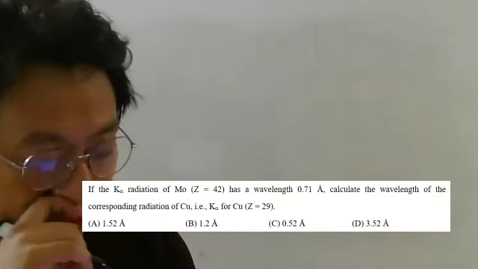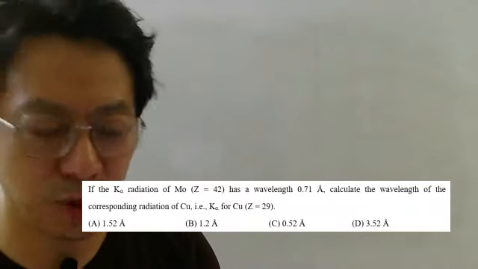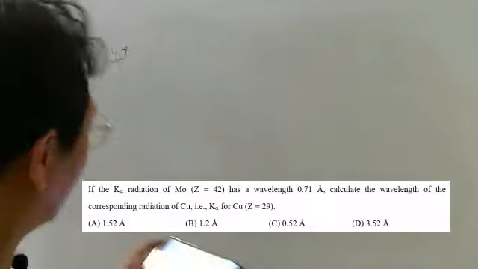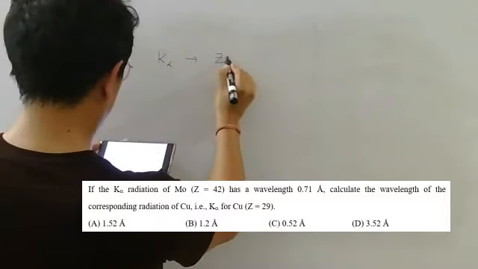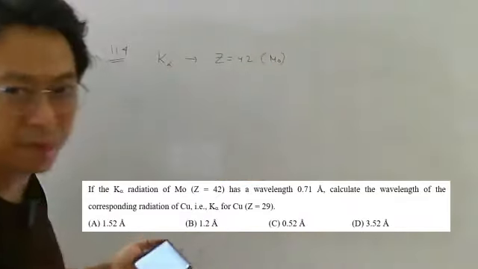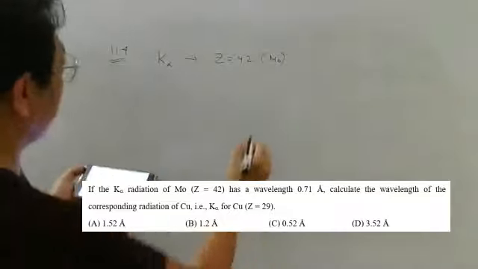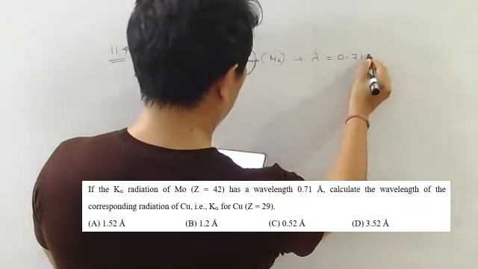If K alpha radiation of Mo, Mo is what? Molybdenum, okay. So K alpha again, first atomic number is 42, Mo they are saying, I think it is molybdenum only, has wavelength 0.71 angstrom.